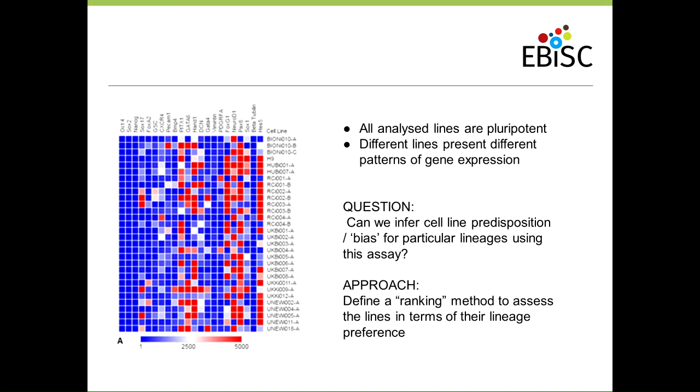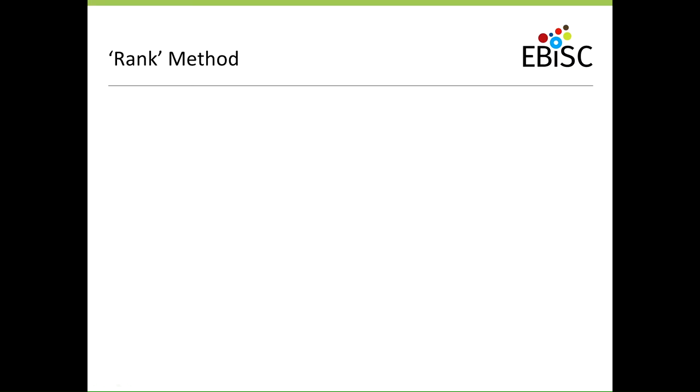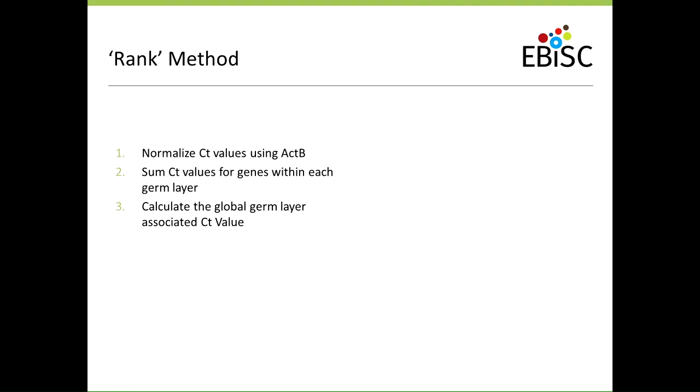lineage preference. So the method that we went about was, we normalized the CT values using ACTB, summed the CT values for the genes within each germ layer, calculated then the global germ layer associated CT value, and then we were able to rank cell lines in a preference bias for each of their germ layers.